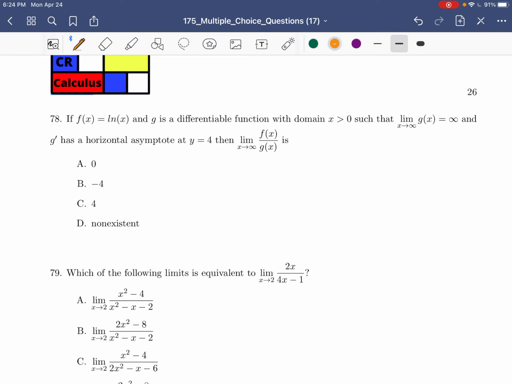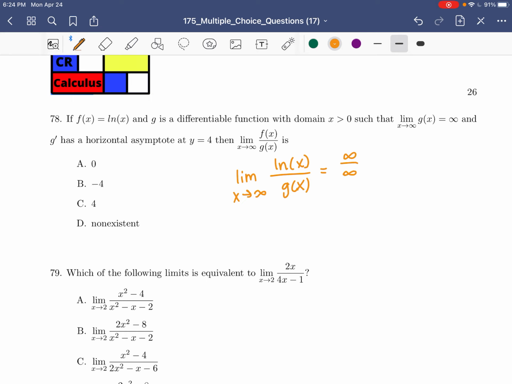All right, 78. So this one tells us f of x equals natural log of x, and the limit as x approaches infinity for g of x is infinity. So obviously if we plugged in infinity here, I'm going to go ahead and replace f of x with natural log of x.